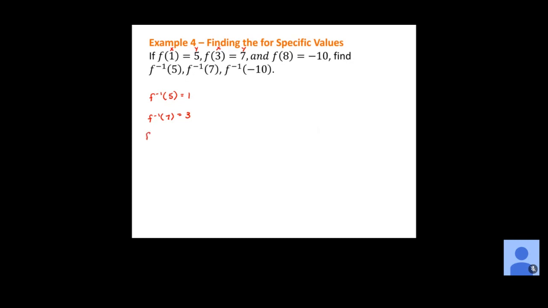All right, and then finally we're looking for f inverse of negative 10. So again, I have this point up here where x is 8, y is negative 10. So f inverse of negative 10 should be what? Positive 8. Good. Any questions about how we found any of those values?